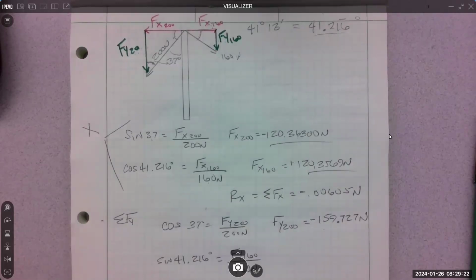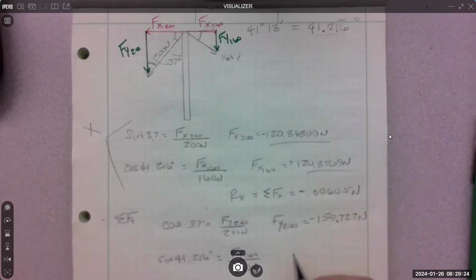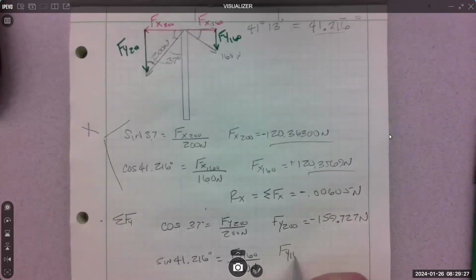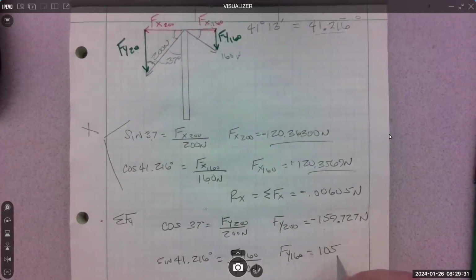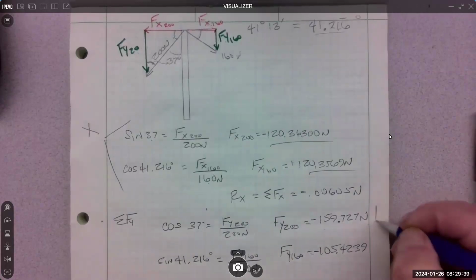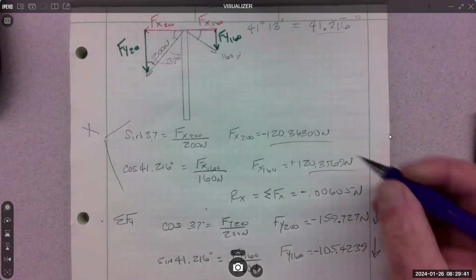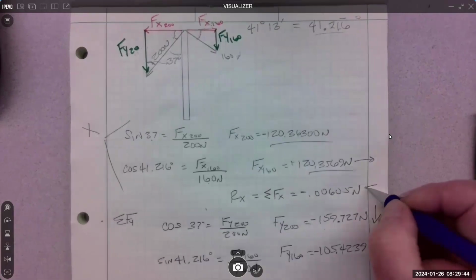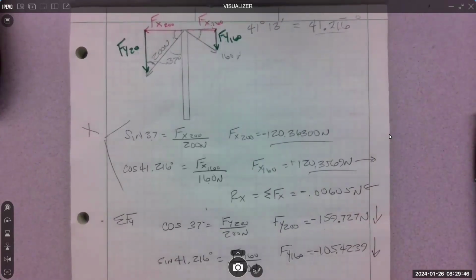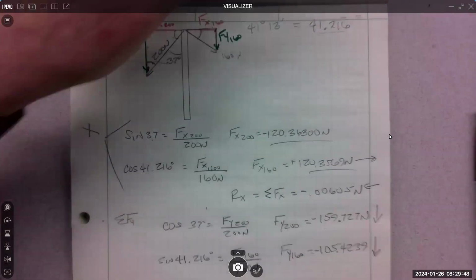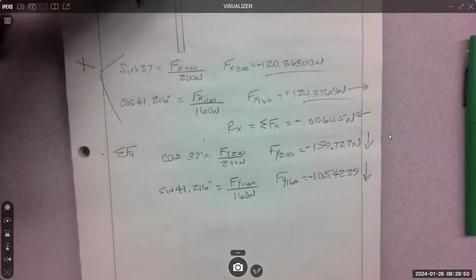Some 105.4239. And it's also negative, pointing down. So this thing's down, this thing's down. This one is to the right, this one is to the left. I tend to add those vectors on too, just to keep track of what's happening.